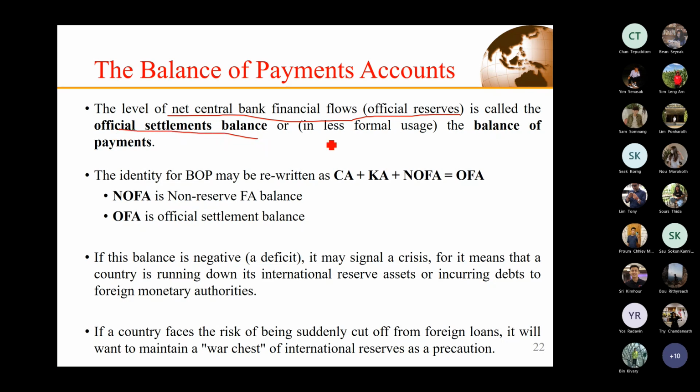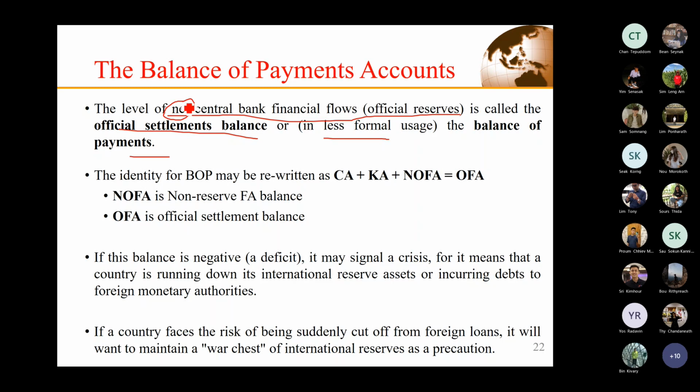In less formal language, we call it the balance of payments. So when you hear the words official settlement balance or balance of payments, it refers to the net difference. The word net means the difference between the outflow and inflow of the official reserve.